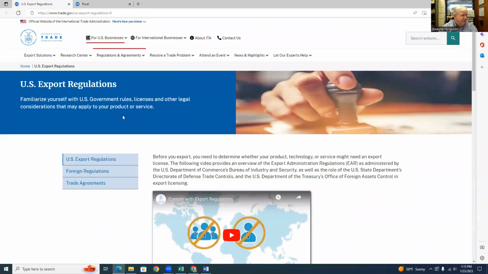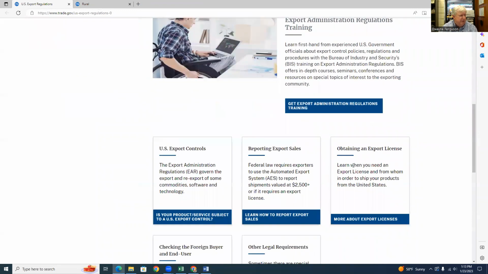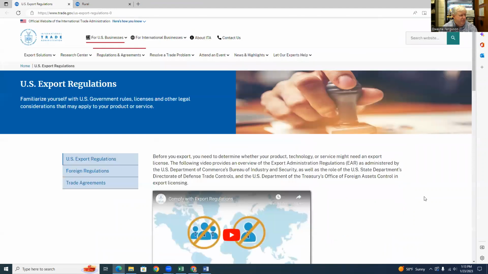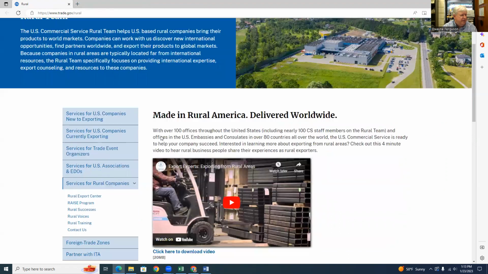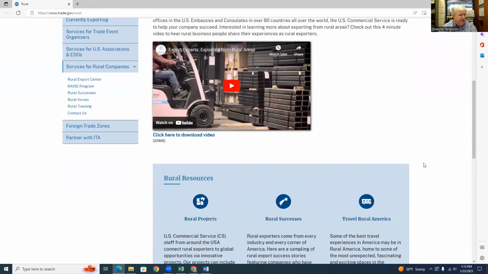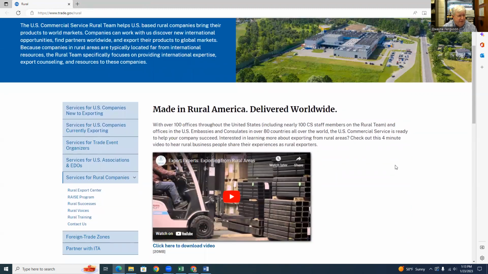So anyway, there's a lot of stuff in there on their site, just bunches and bunches of stuff. There's a set of U.S. export regulations on one of those links. You can watch the little video, but you can go in and read what the regulations are for exporting. And then here's that rural team I was telling you about. Again, they have a little video on it, but most of our companies are small companies, and a lot of companies are out in rural areas.